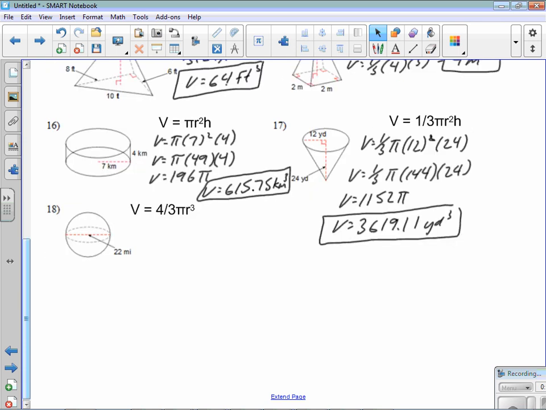And 18, looking at volume of a sphere. And so 4/3 pi r cubed. So the radius is going to be 22 divided by 2, since they gave us the diameter, 11. So we have 4/3 pi times 11 cubed.